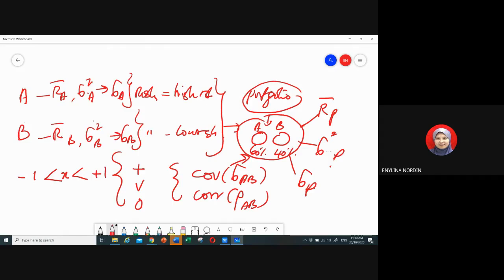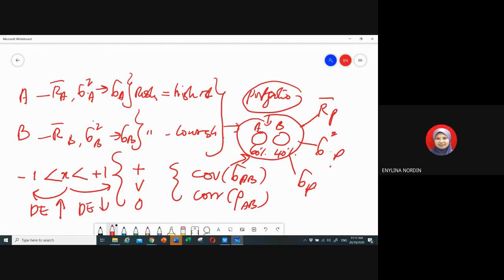If the value of the covariance and correlation approaches -1 or becomes lower, that means the diversification effect in this portfolio will be higher. If it approaches +1, or the value of covariance and correlation becomes bigger until it reaches +1, which is perfectly positively related, that means the diversification effect is lower.